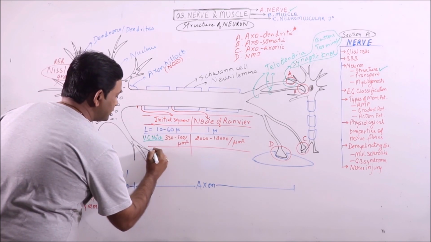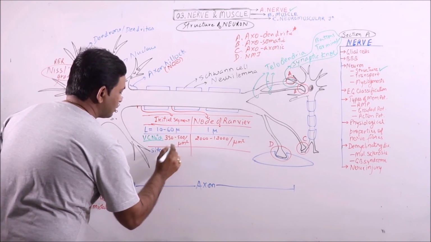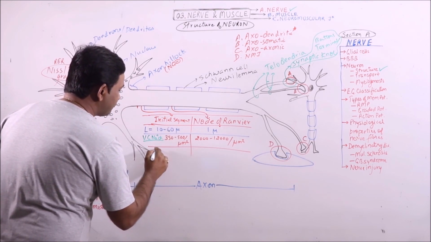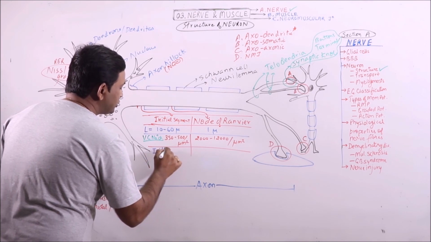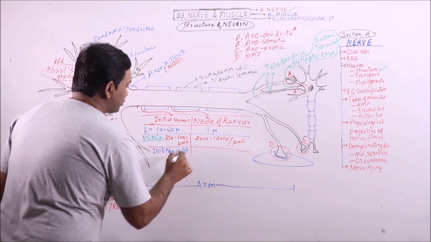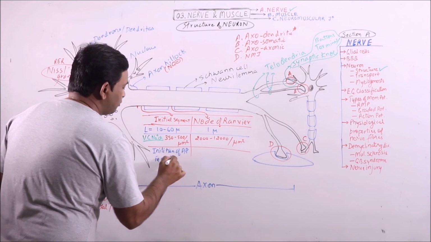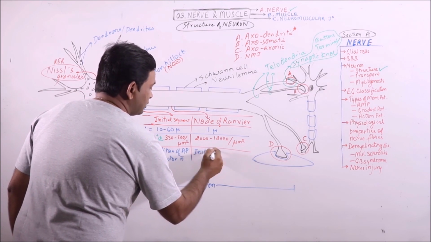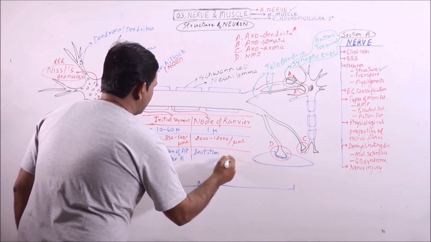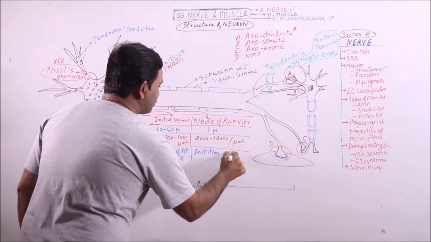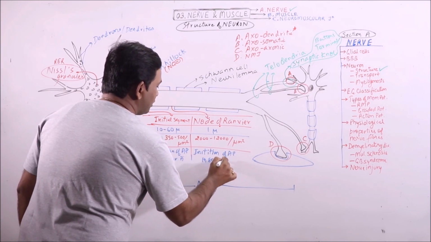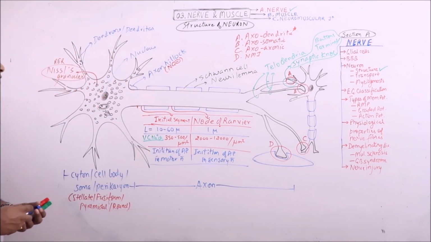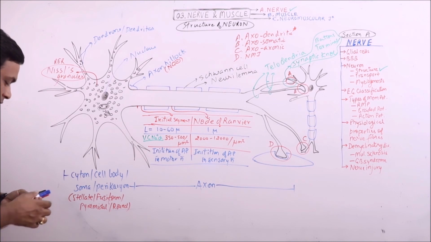Initial segment is the site for initiation of action potential in motor neuron, while the node of Ranvier is the site for initiation of action potential in sensory neuron. So this is the comparison of initial segment and the node of Ranvier.